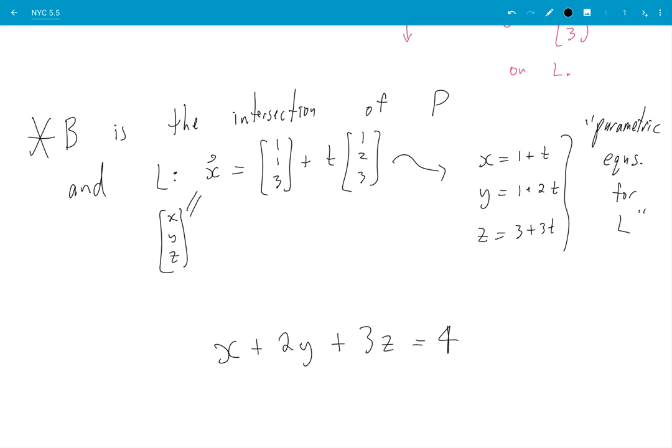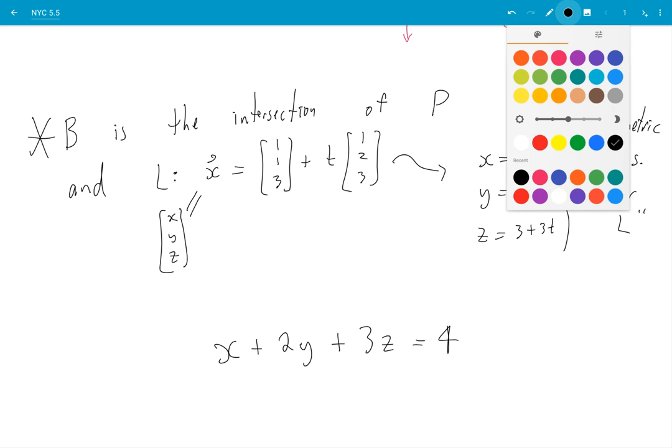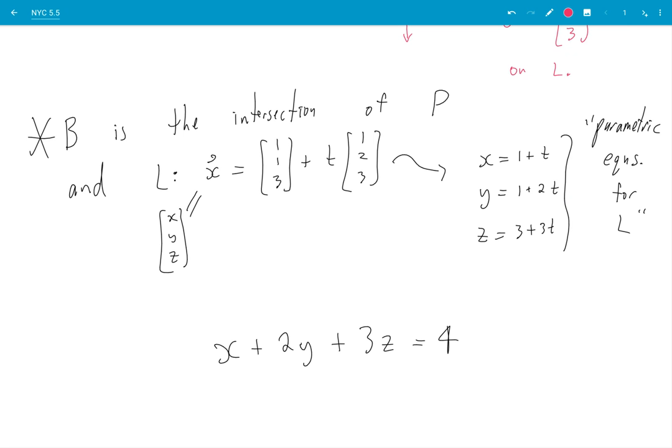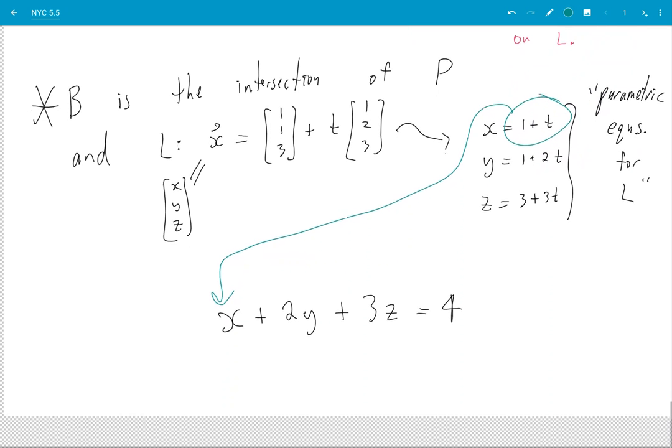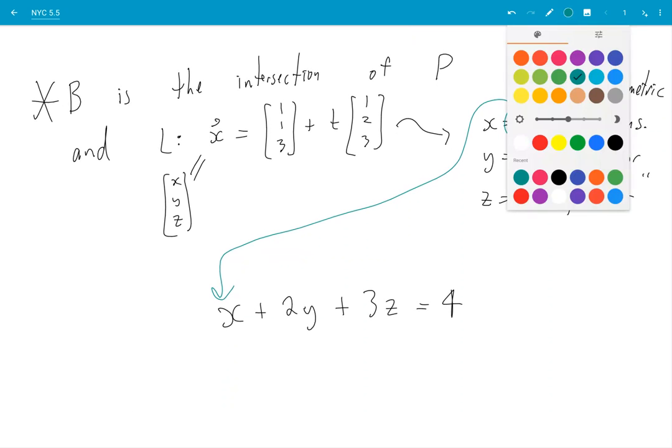Equals 4. So I'm going to take these, let's go green, and plug them in. And then solve for t.